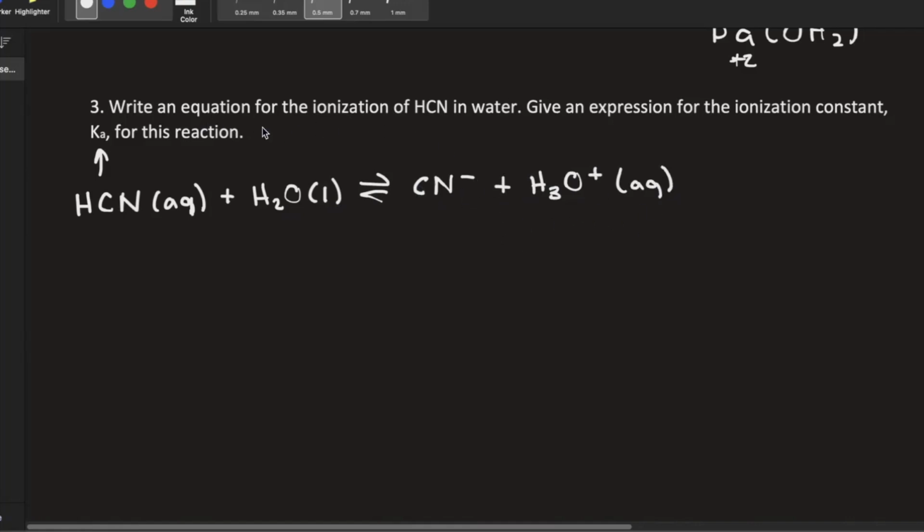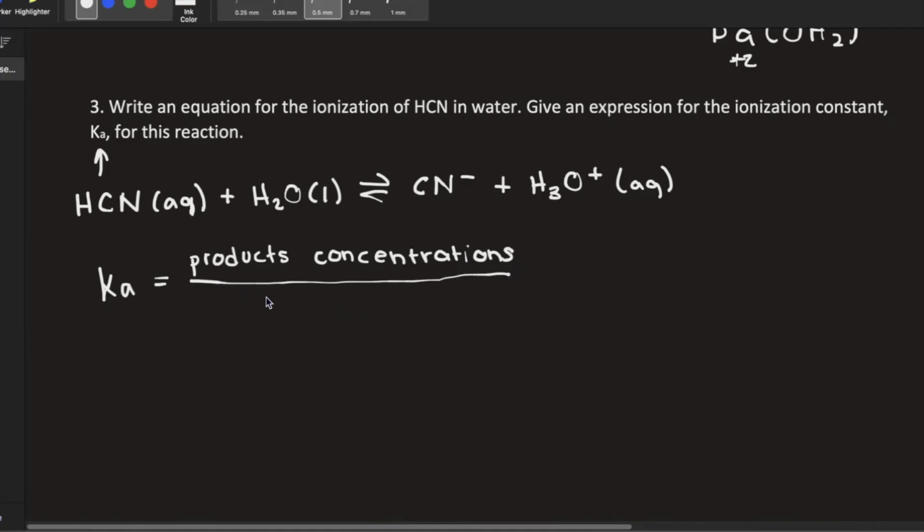So now what we have to do is give an expression for the ionization constant, Ka. So we know that Ka is equal to the products concentrations over reactants concentrations.